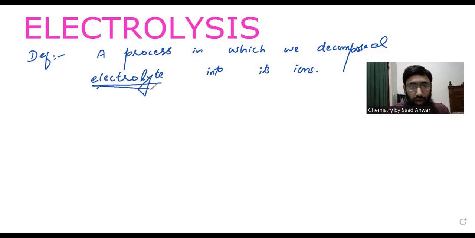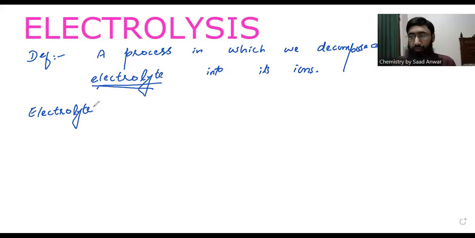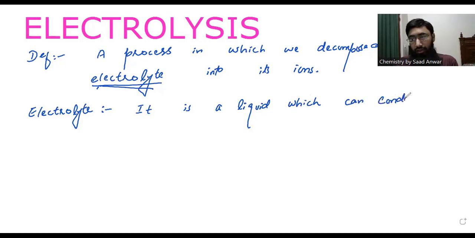What is an electrolyte? An electrolyte is a liquid which can conduct electric current, which has the ability to conduct electric current.